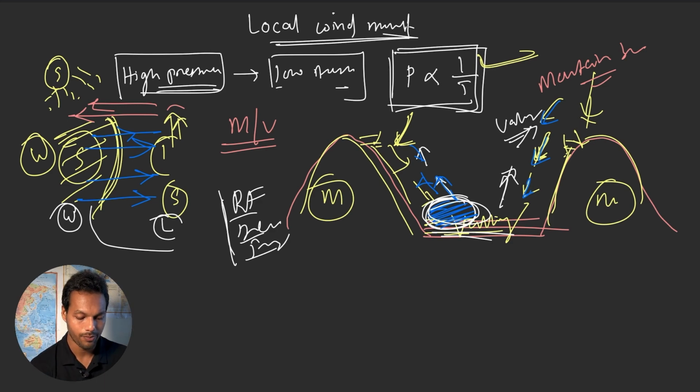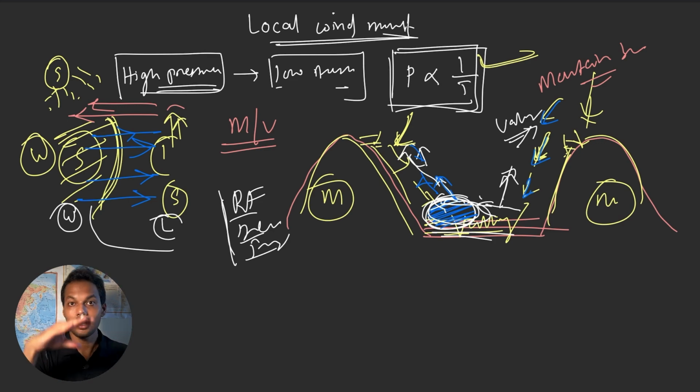Suppose there is high pressure in the valley, so the wind moves above the water body and carries some moisture along with it. When the valley breeze goes upward, it carries moisture from that water body and moves towards the hill.